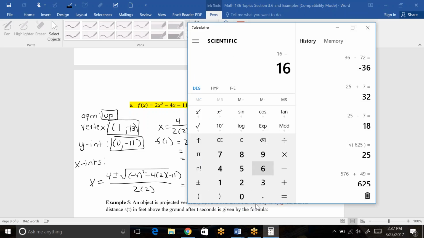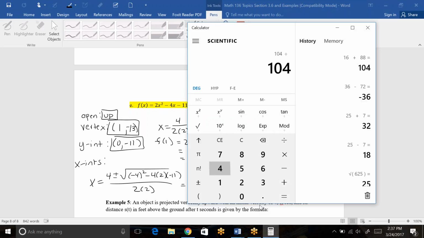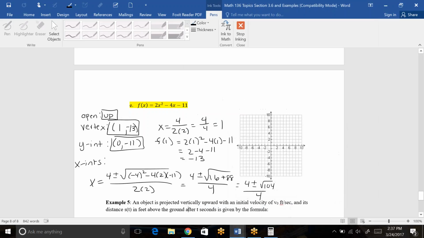So 16 plus 88 is 104, which I believe has a perfect square in it of 4. Yep, 4 times 26. So this would be 4 plus or minus the square root of 4, which is 2. We'd still have the 26 inside.